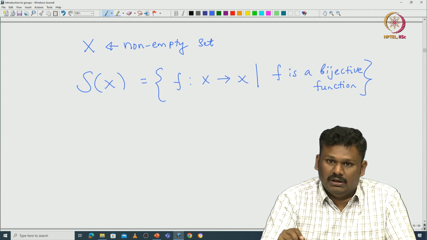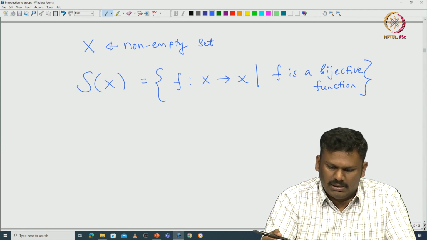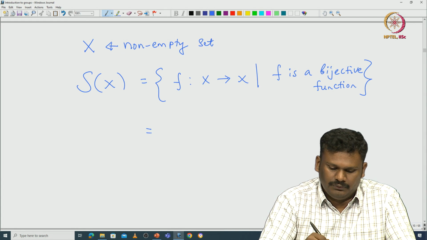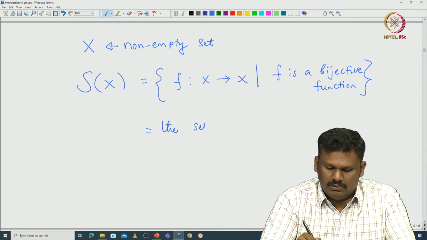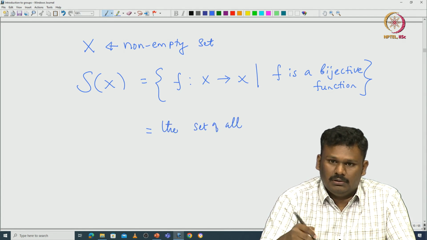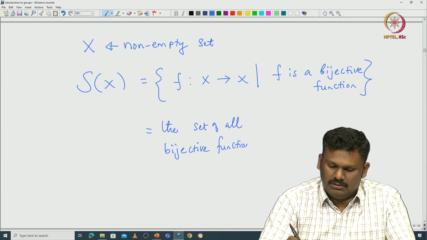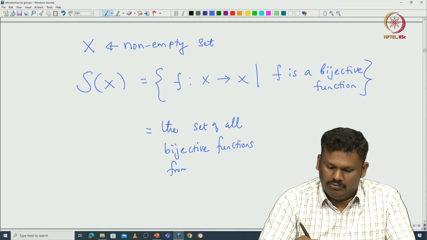So those things will not be defined here. I just assume you know those things. So you take S of X to be the set of all bijective functions from X onto X.